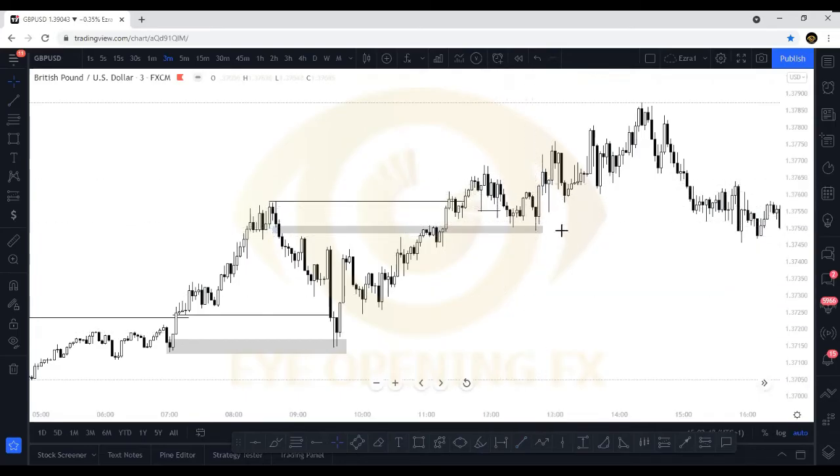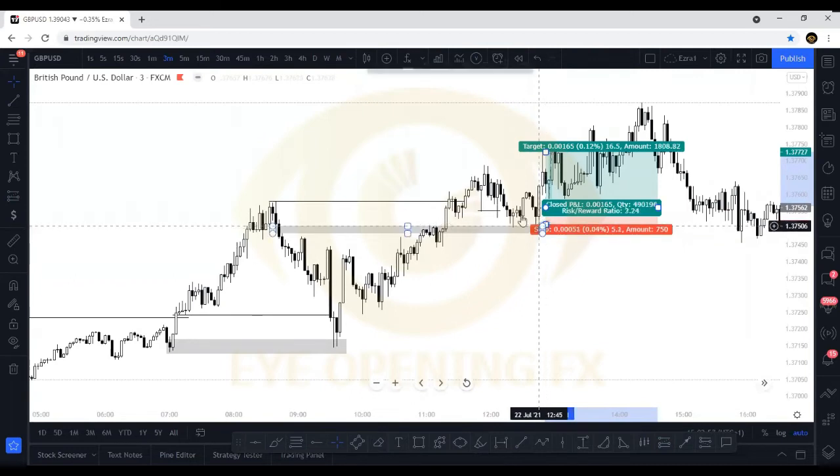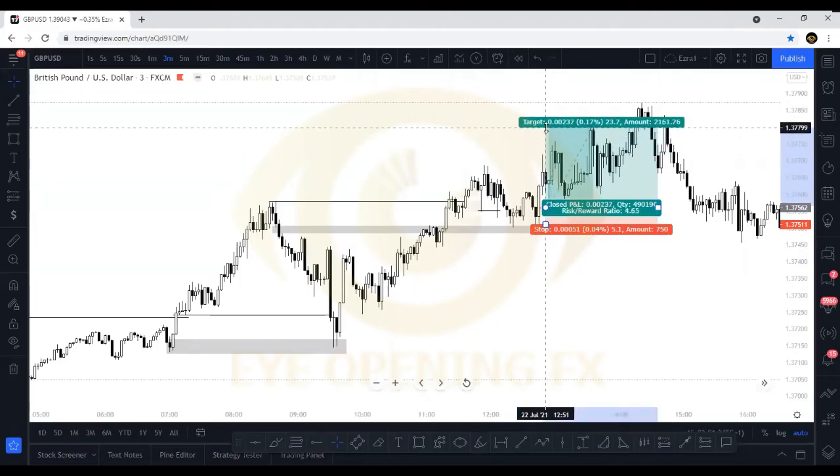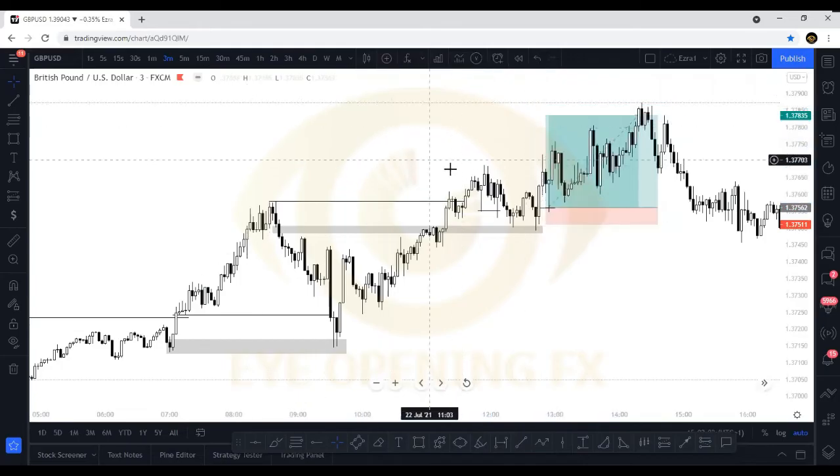From that very higher high, if you enter from this area as a scalper, let's say you saw the setup on this time frame, your stop loss is around this area. Your TP should not be too far. Why? Because this is a lower time frame.